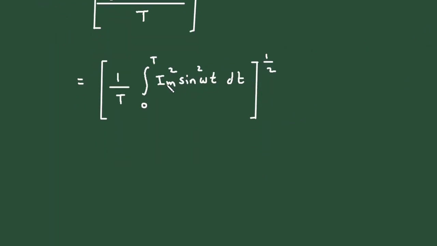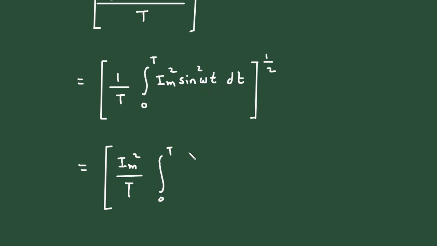Now let's simplify this further. So it will be bracket 1 by T. Now this Im square is constant, so we can take this outside. So it will be Im square by T, integral from 0 to T. Now we have to take this sin square omega t dt.